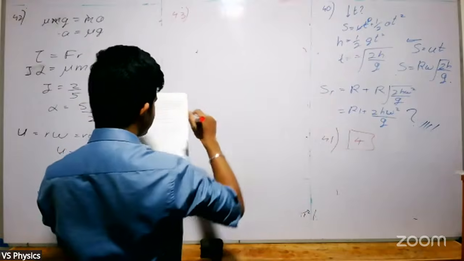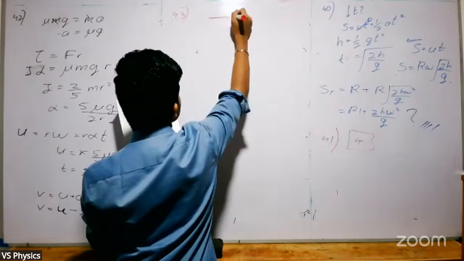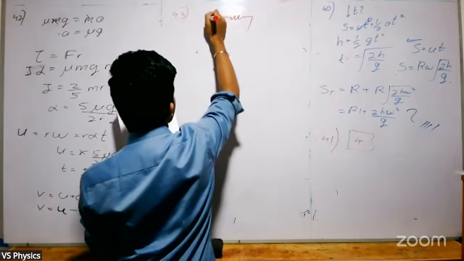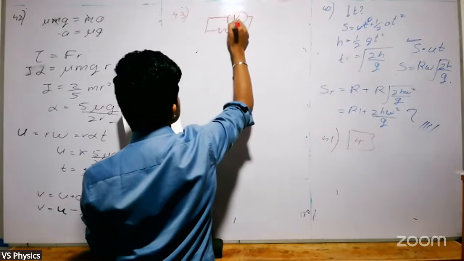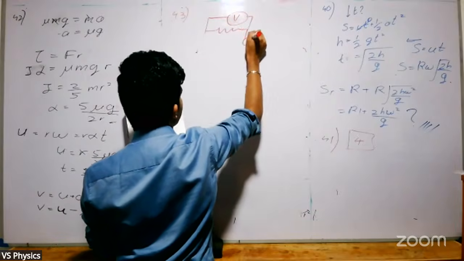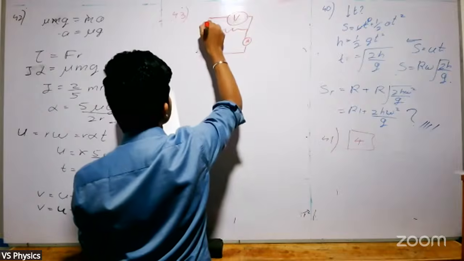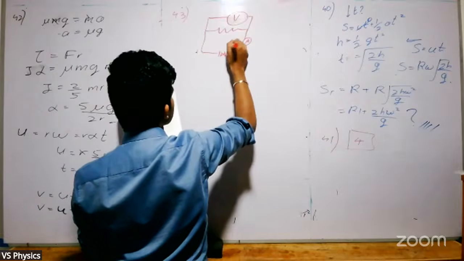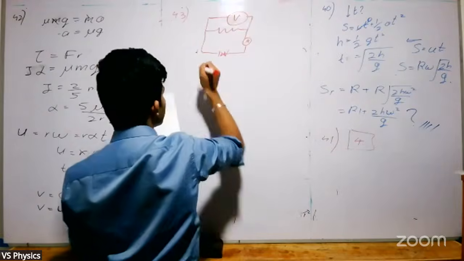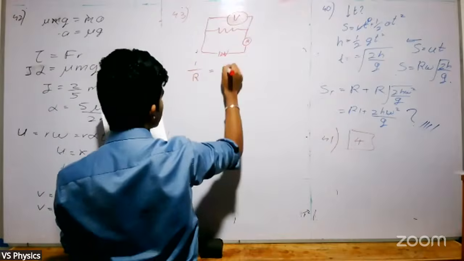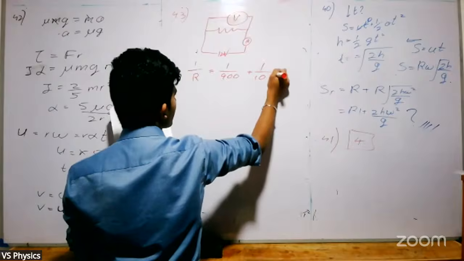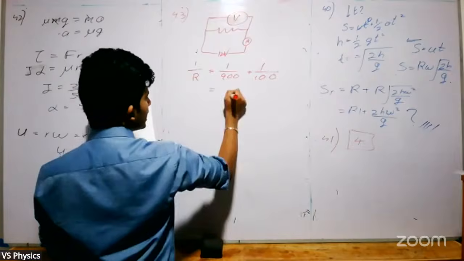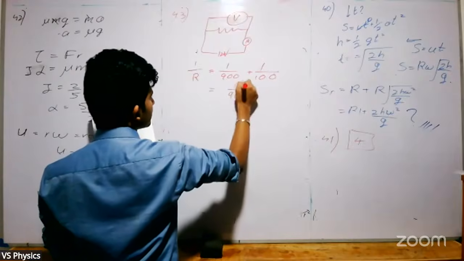First of all, we are finding this in the second circuit: voltmeter, resistance, ammeter, 12 volts. 1 over R equals 1 over 900 plus 1 over 100, which gives 900 over 10.